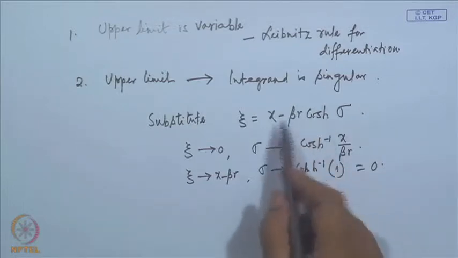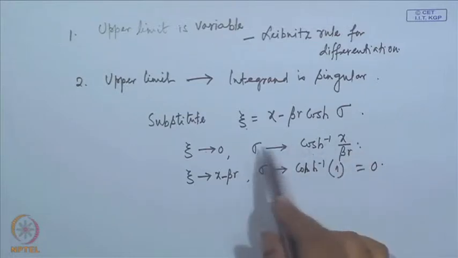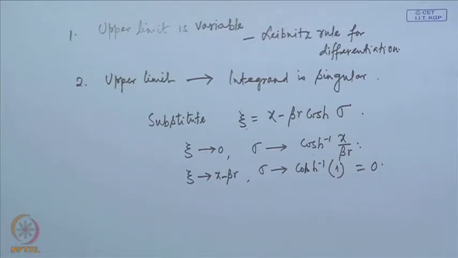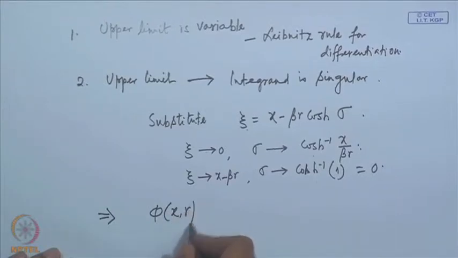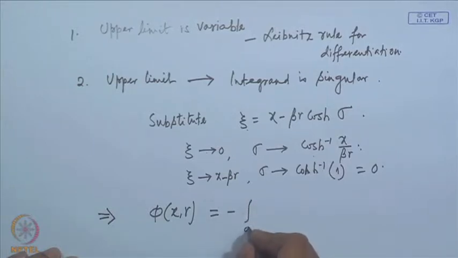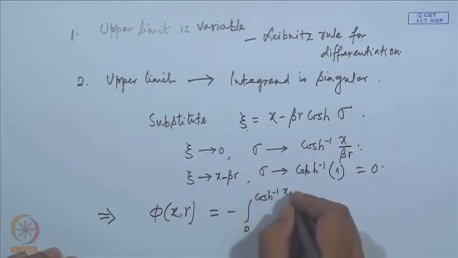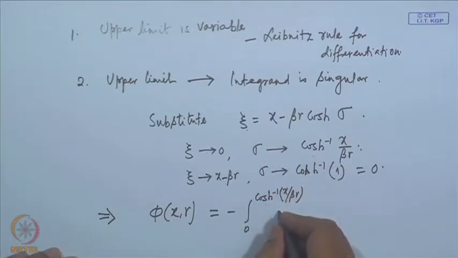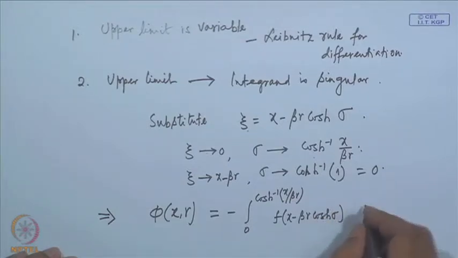So, the substitution of this in place of xi results in a change in the limits, to lower limit cos hyperbolic inverse x by beta r and upper limit 0, and if we substitute, we see that this phi x r now becomes cos hyperbolic inverse x by beta r into f of x minus beta r cos hyperbolic sigma d sigma.